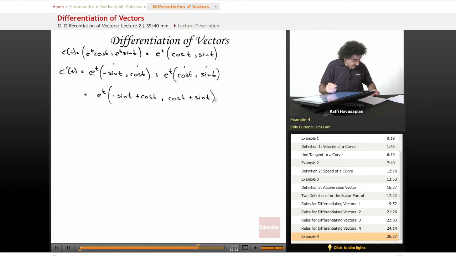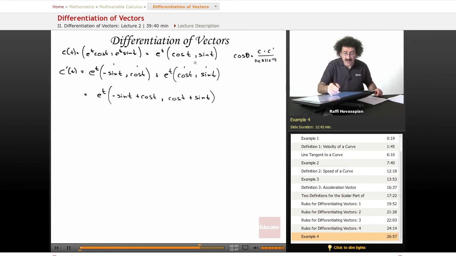Okay, so now let's go ahead and find the norm of c of t. The norm of c of t, because again, we need the norms. Let me just write this down. Remember we said the cosine of theta is going to equal c dot c prime over the norm of c times the norm of c prime.